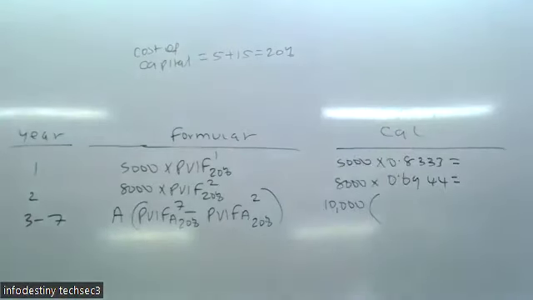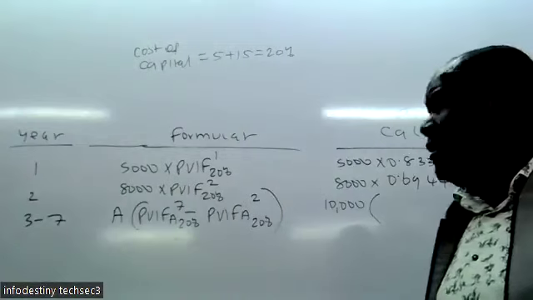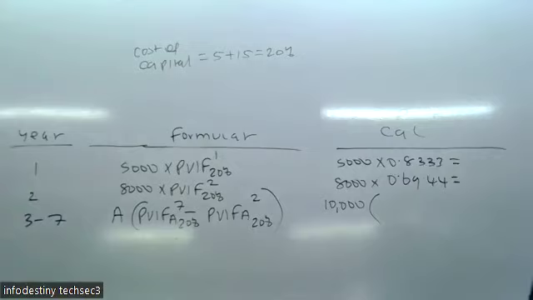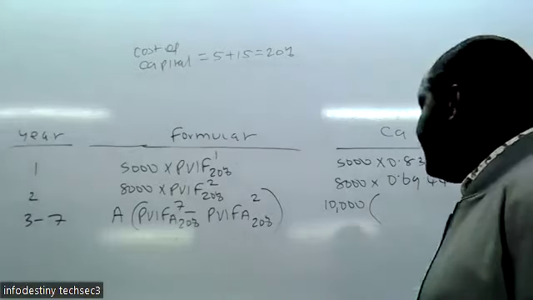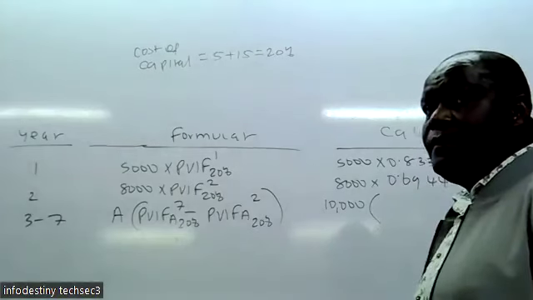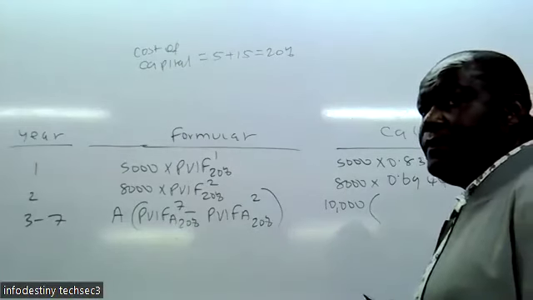So now we use purely the second table. So 20% in year 7, $3.6.